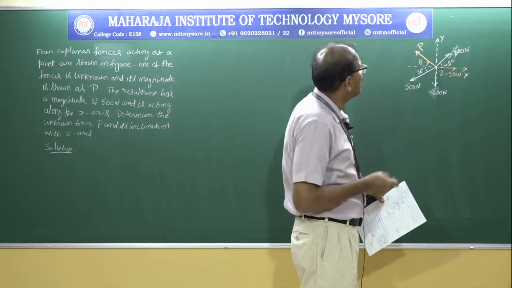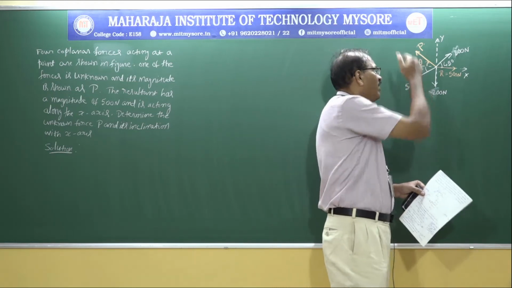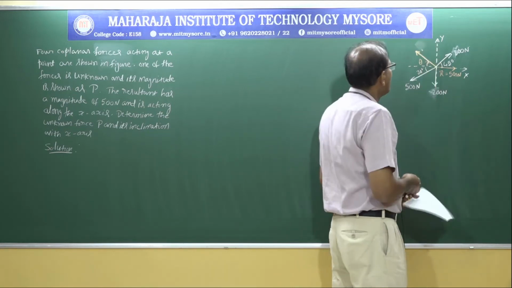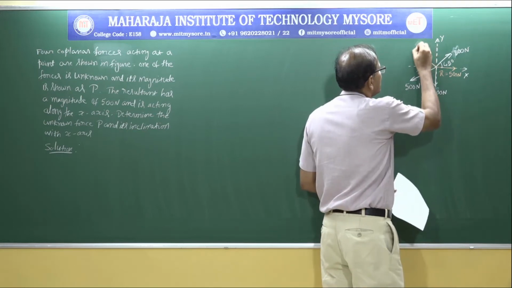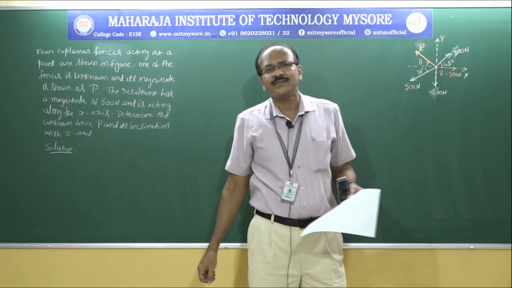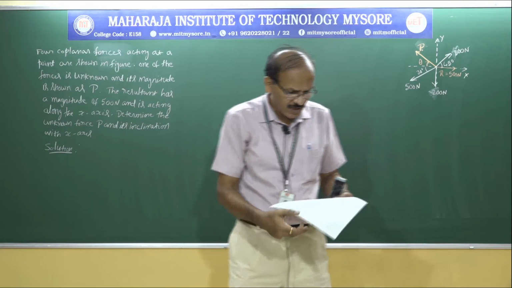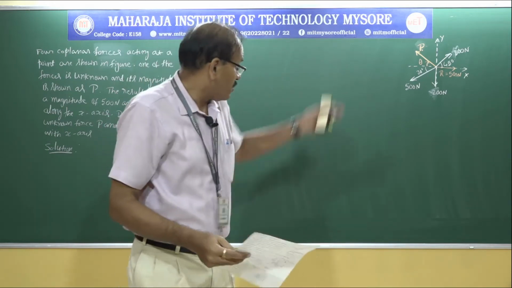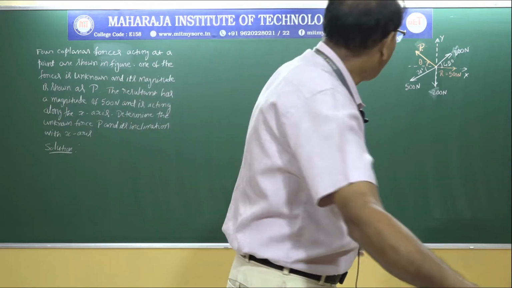So here what we need to do is find out the value of the unknown force P, and the angle theta at which the unknown force P is inclined. So this is the problem as given.